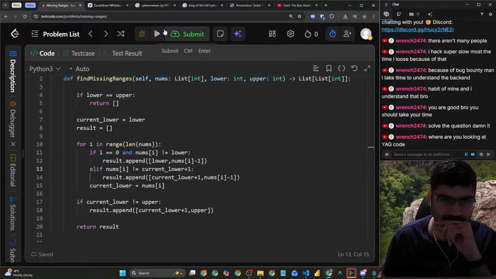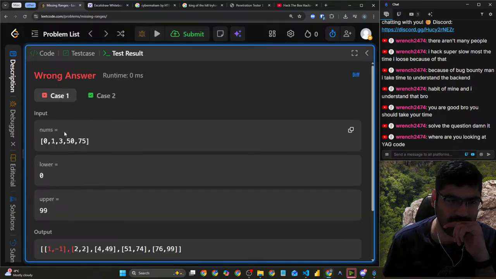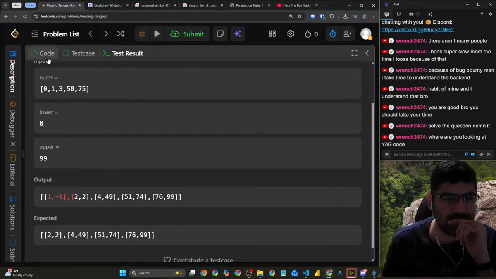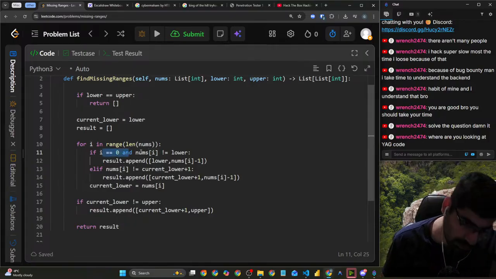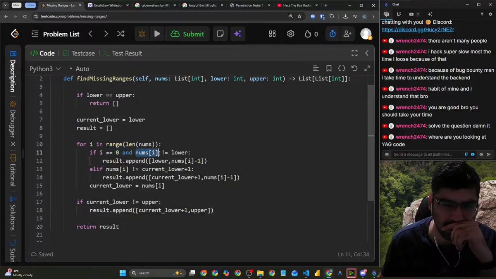I'll say, I think this should do the job. No? It again did minus 1. How? I equal to 0. Yes. Nums, this is equal.